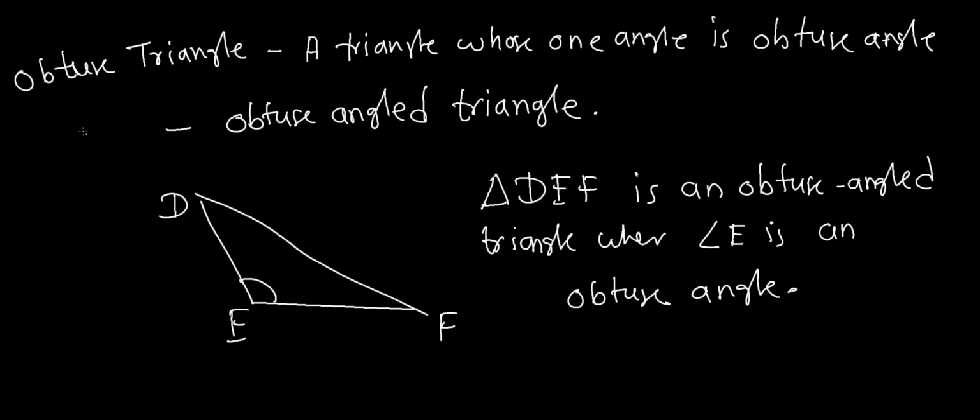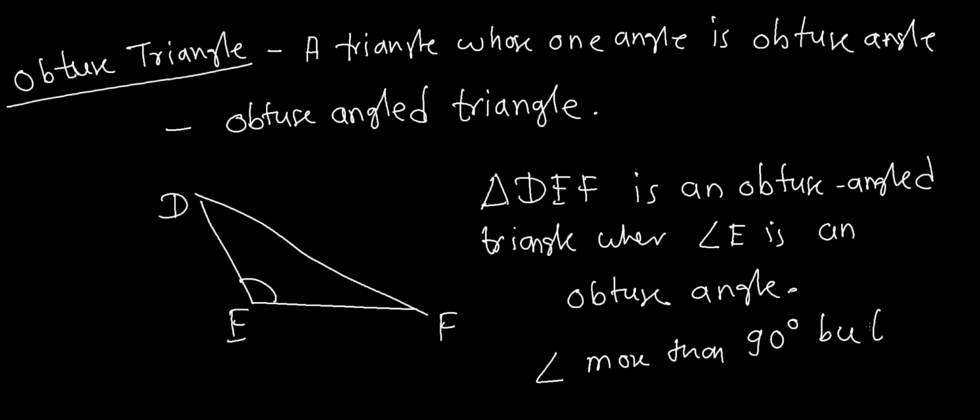So that's the obtuse triangle. And an obtuse angle means an angle that is more than 90 degrees but less than 180 degrees. That's the obtuse angle.